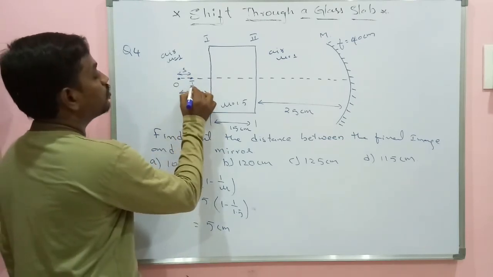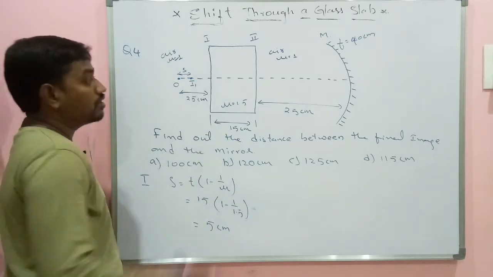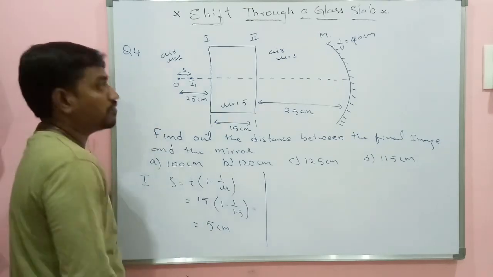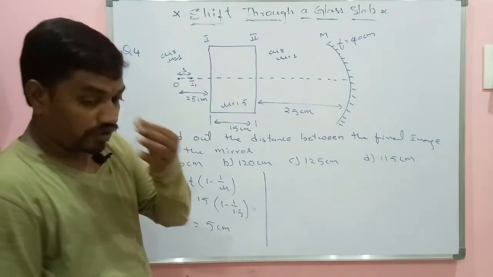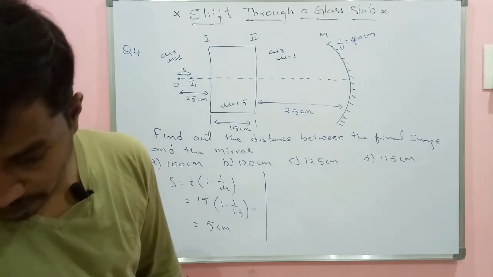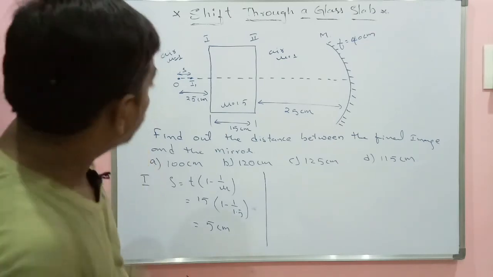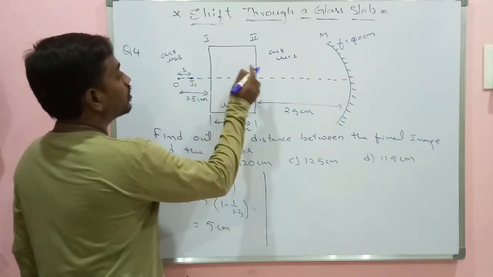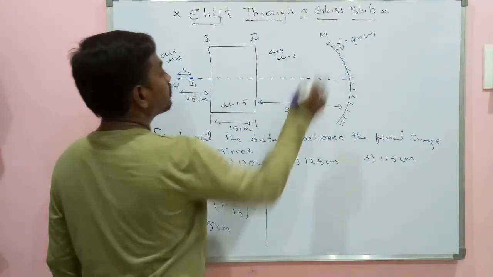Let this be the I1 value. This is not the final image. This is only the first image, the refraction at the first surface. Now what will happen? As there is a shift of 5 centimeters, the ray will be coming from this I1 to the mirror.